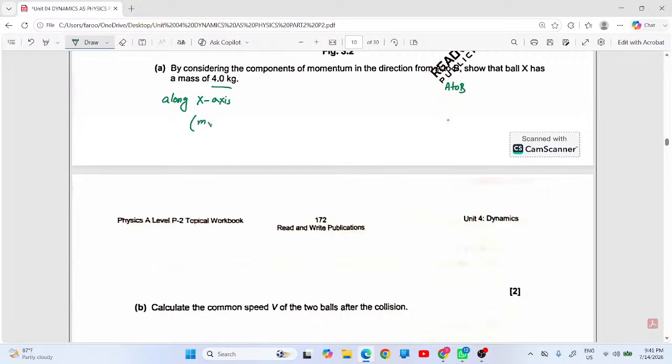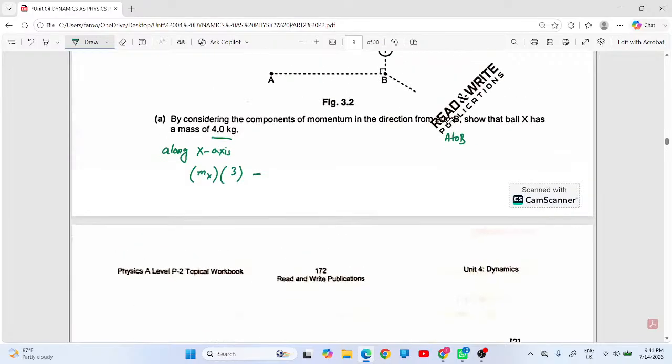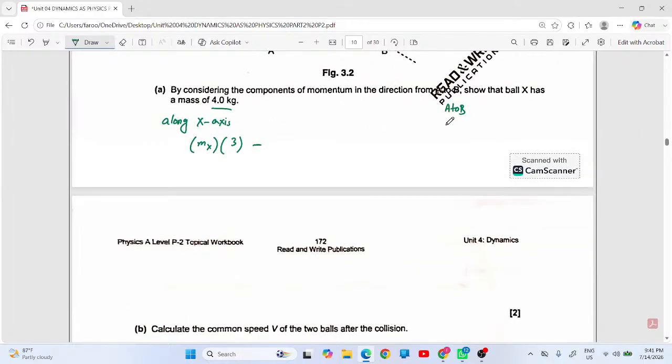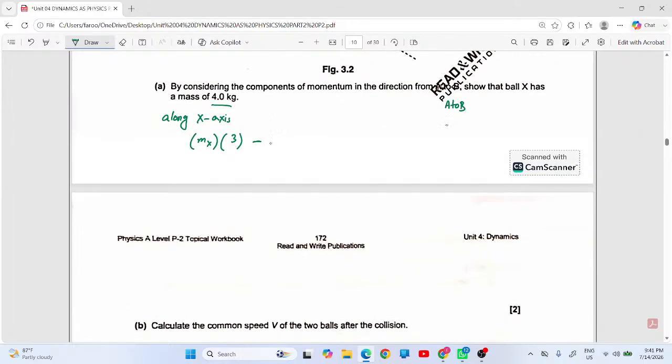Mass of x times velocity of x, 3, but minus because it is opposite. Then 2.5 times 9.6 sin 30.